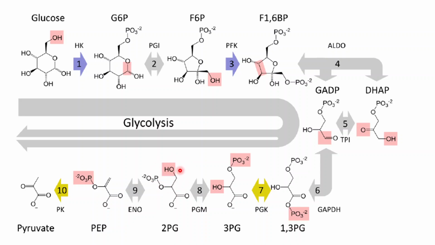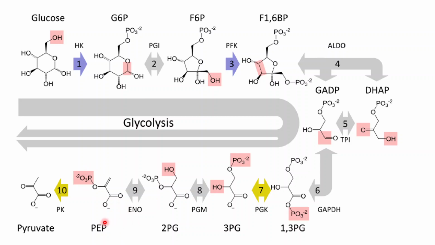So, this OH is removed and a double bond is introduced. That means an ene group is introduced. We know that if a double bond is there, then it is denoted by ene, like carbene. So the ene group is introduced and the ol group is removed. So, enolase is the enzyme that catalyzes this reaction and makes phosphoenol pyruvate. Okay, because the phosphate group is still there.